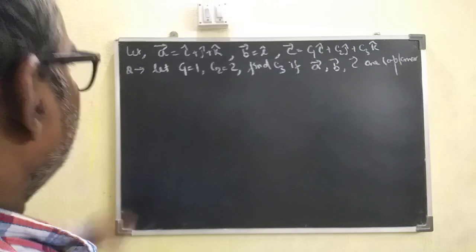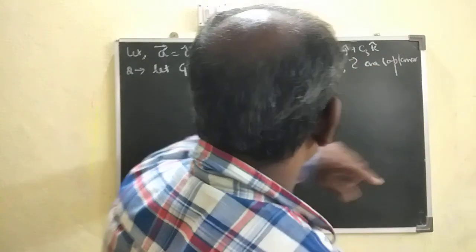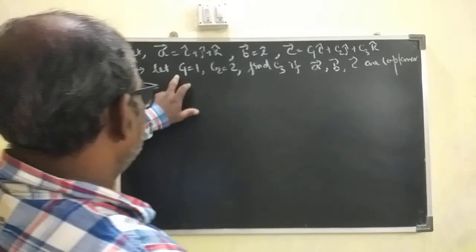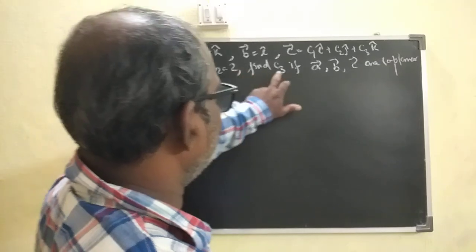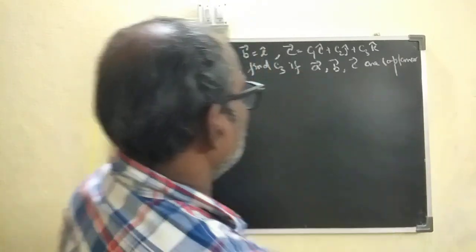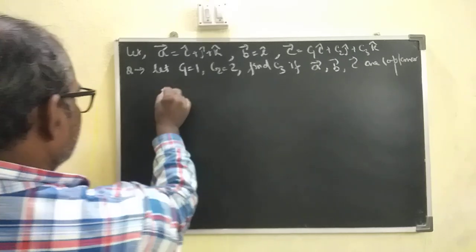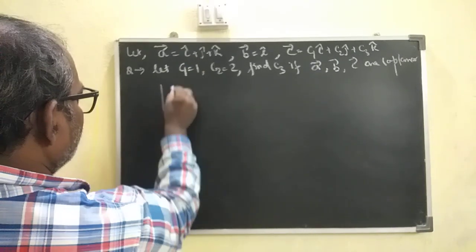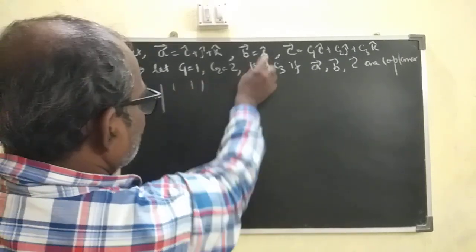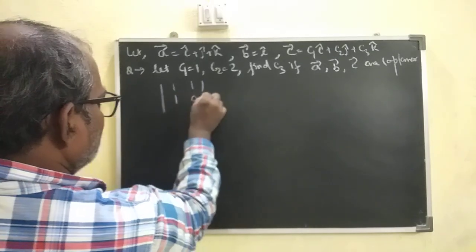Here in this question, the three vectors are given over here, and the question is C1 equals 1, C2 equals 2, find C3 if A, B, C vectors are coplanar. We know that if A, B, C are coplanar, then the determinant is equal to 0. That means we can write down here 1, 1, 1. Then here write 1, 0, 0.